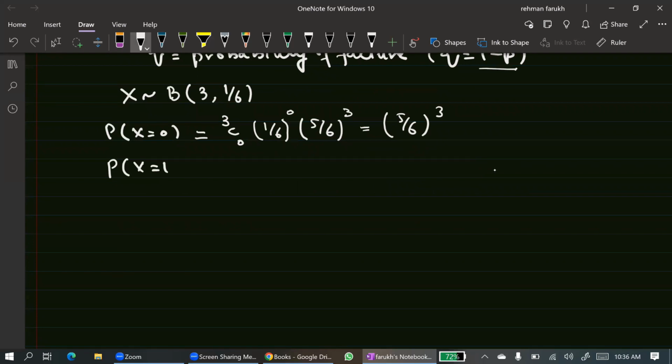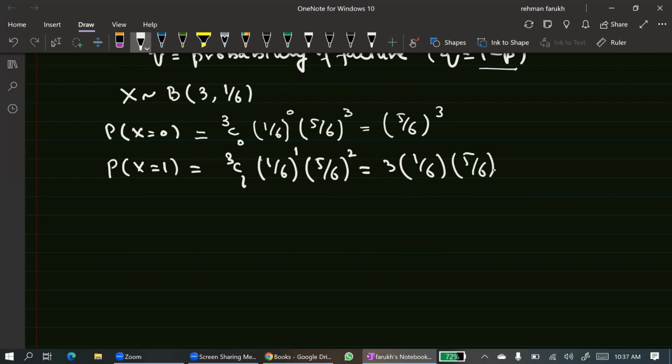Now we will find out probability of x is equal to 1. 3C1, there is one success, so 1 by 6 power 1, and there are two failures, 5 by 6 power 2. 3 into 1 by 6 into 5 by 6 power 2. Probability of x is equal to 2. 3C2, there are two successes, 1 by 6 power 2 and 5 by 6 power 1.